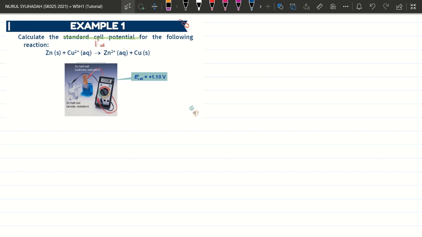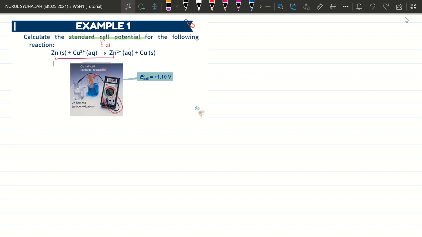First, match the species, so zinc with zinc, and then we have our copper 2 plus with copper. If you look over here, zinc goes towards zinc 2 plus.